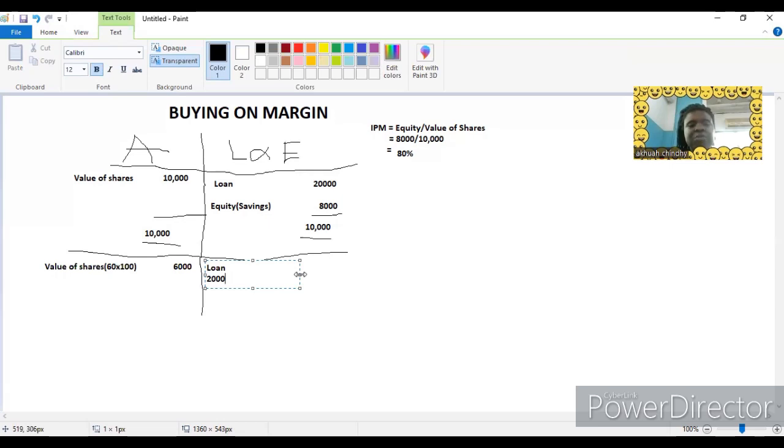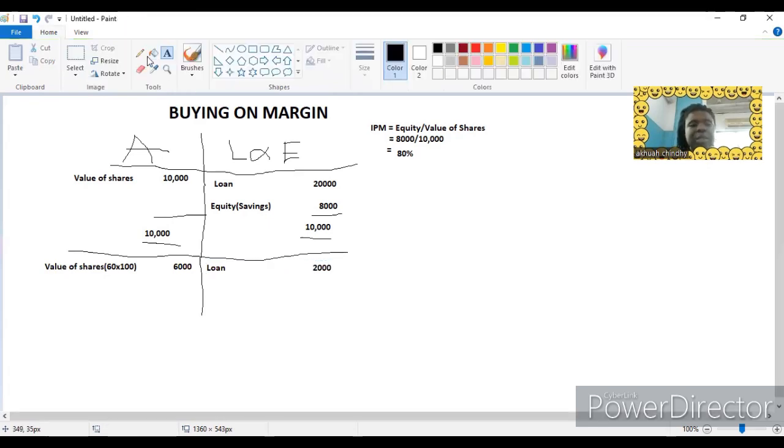Our equity will change. So I think here the 2,000 became 20,000, so it was a typing mistake. Okay, so it's 2,000, not 20,000. So cancel this and get our 2,000, right?